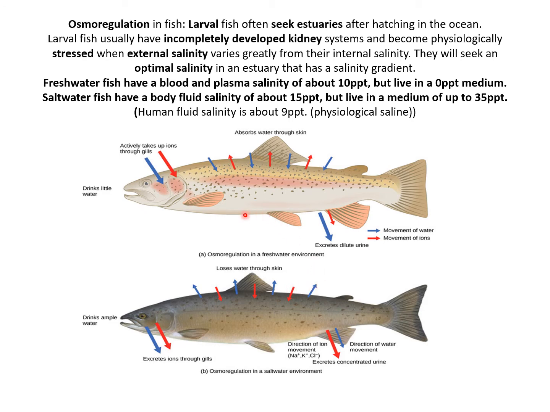So you can see in these diagrams what happens in freshwater fish. Real quickly, because the external medium is much lower in salinity than their internal body fluid, they're trying to actively take up certain ions, chloride ions for example, through their gills.